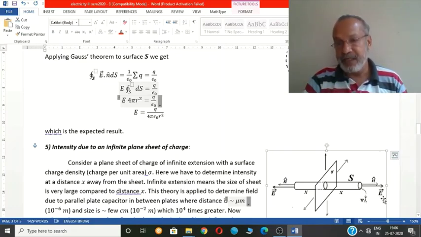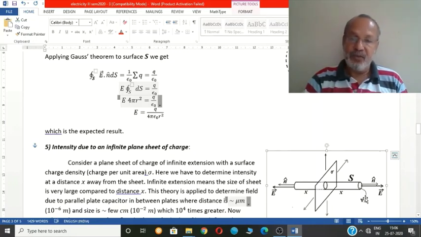So E dot n is E into 1 into cos 0, which is simply E. And we need not integrate, because this itself we can consider as a small area delta A. An integral is actually a summation of several terms, and in this case it will contain only one term, because delta A itself can be considered as a very small infinitesimal area. So you get E into 1 into cos 0 into delta A, which is simply E into delta A.